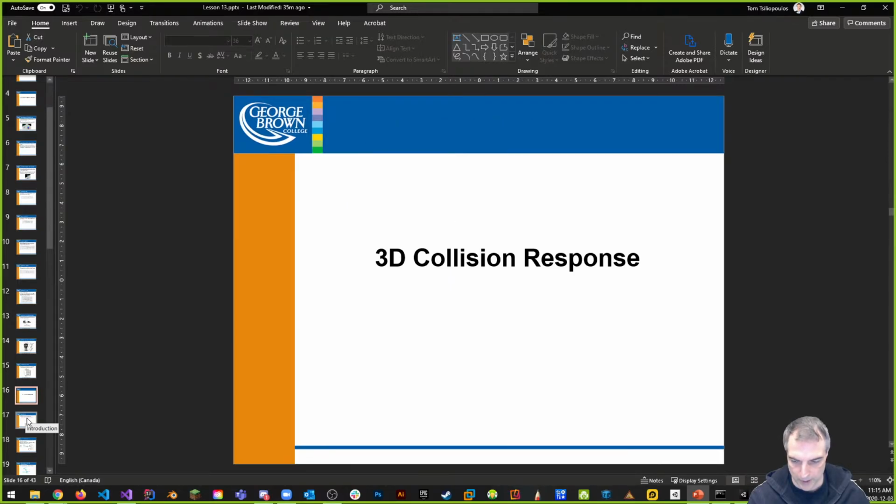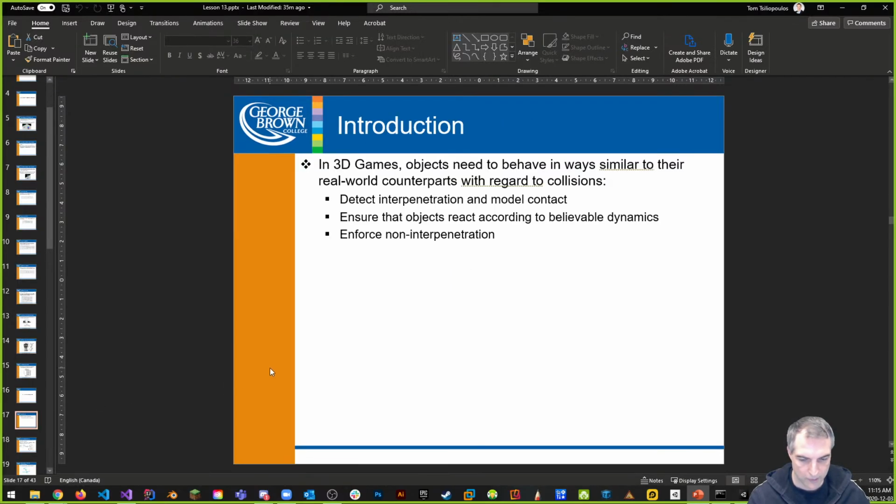All right, collision response. So again, when it comes to 3D games, we got to think about a few things that can be problems for us to work out. Okay, one problem is detect the interpenetration and model contact. So sometimes what happens is we may have more than one contact occur at once at the same time, right? And if I want a believable response, I need to get a set of contacts and then respond to those contacts accordingly. If I was going to be super realistic in a simulation kind of thing, okay?